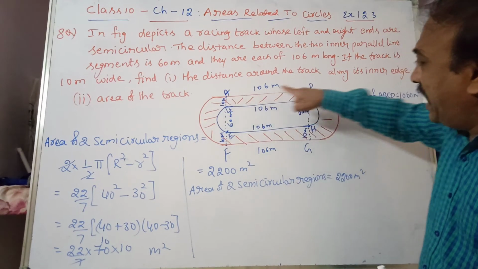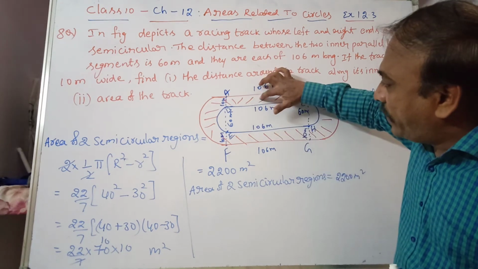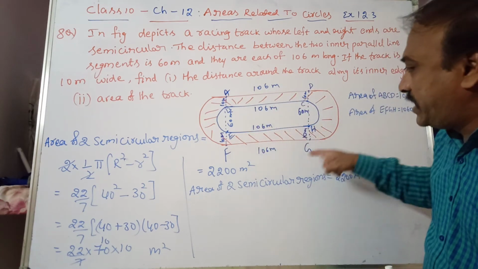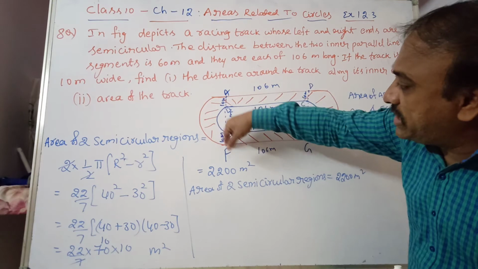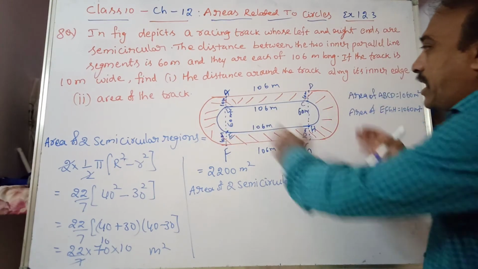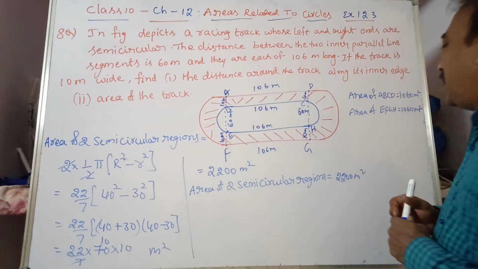Now the total area of the track is nothing but area of ABCD plus area of EFGH plus area of the semicircular ends together, which we got as 2200.